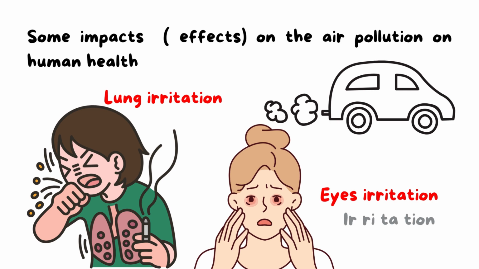Irritation means pain and redness, as eye irritation means when the eye is red and the person feels pain in his eyes. So here the word irritation, we have ir, then we have irritation. And this means pain and redness.